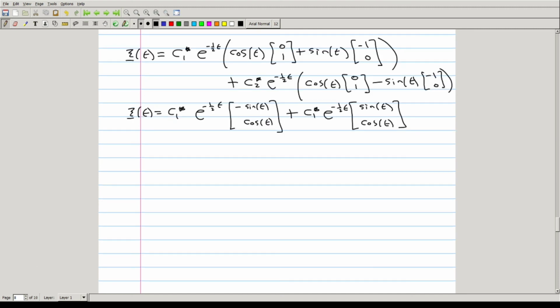And if this satisfies some initial condition, which we have an initial value problem, so in general it'll satisfy some initial condition, xi of t naught.